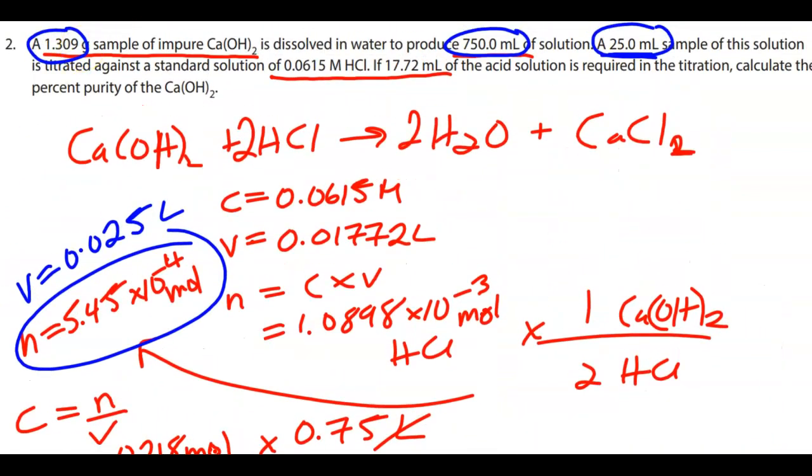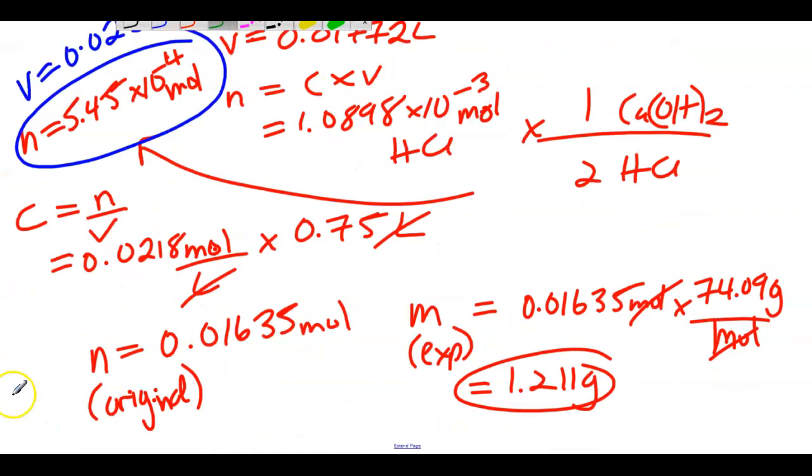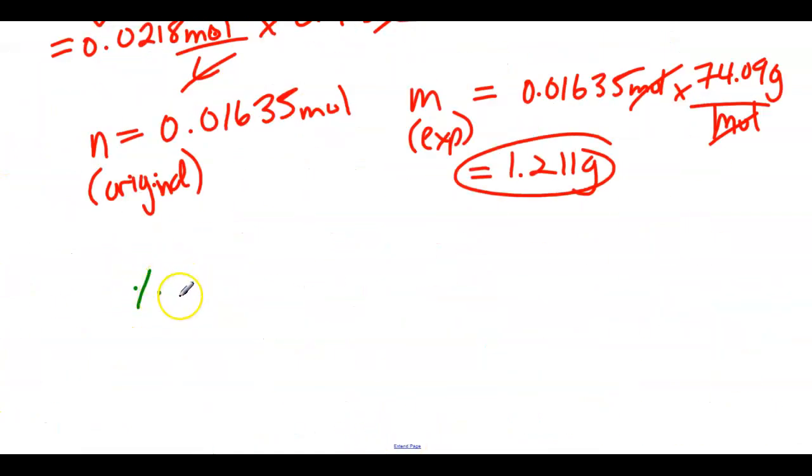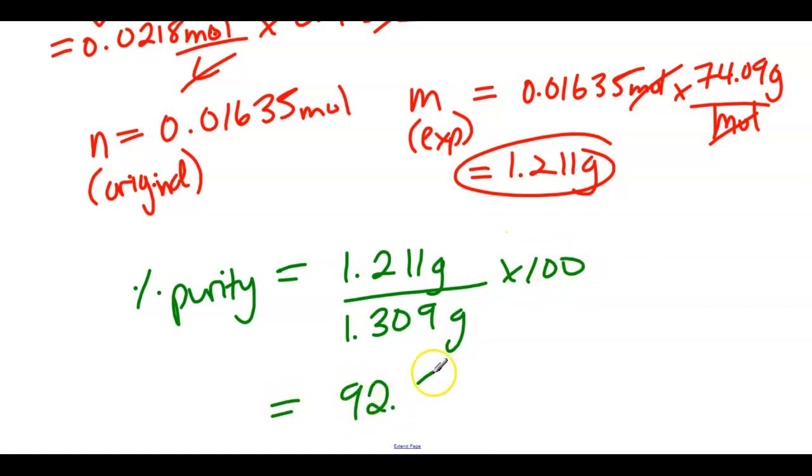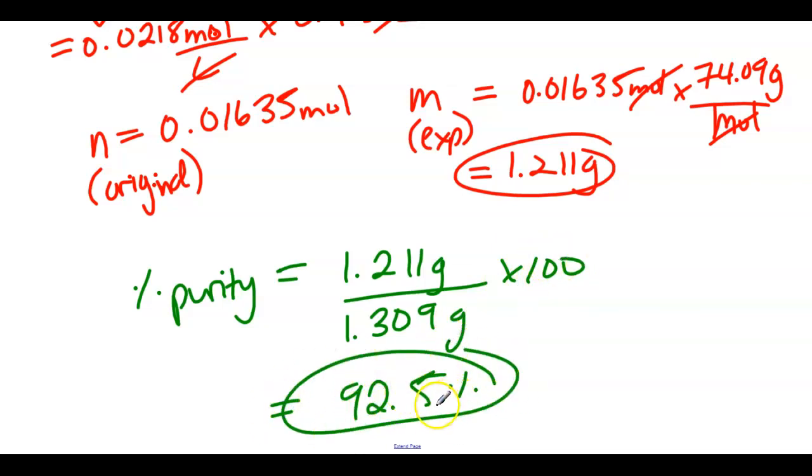And we're going to compare it to our original mass. I'm going to do it over here. So our percent purity is going to be our experimental mass over the original number, which was 1.309 grams, times 100, which is 92.5%. So not the greatest sample.